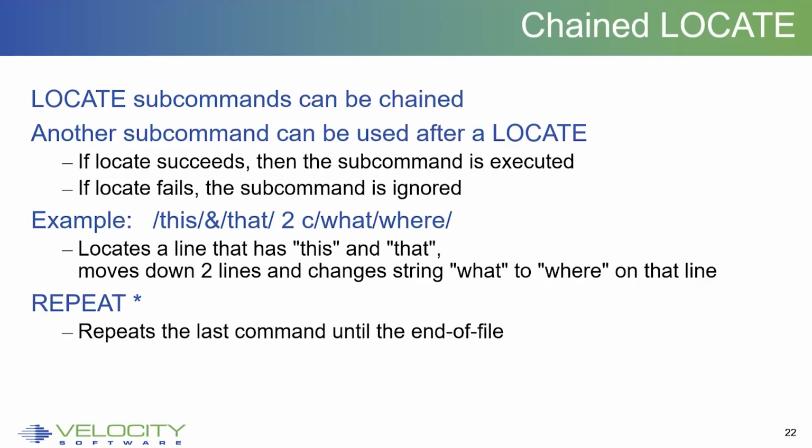If it found that line, it then moves down 2 lines and changes any string of what to the string where on that line. So it's just an example of you can do a locate and then some other command or multiple commands right after that locate succeeds.